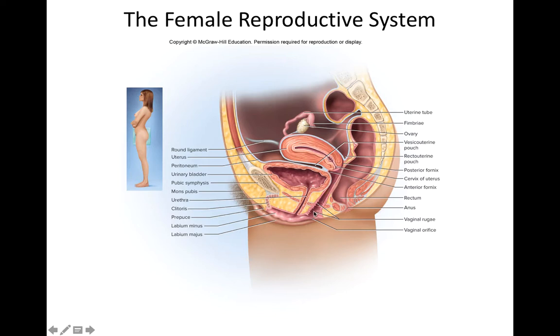That leads into the vagina, which then leads out into the vulva component, which consists of the mons pubis, the labia majora, the labia minora, the clitoris, and a couple gland structures that we will be looking at a little bit later. So definitely more going on internally here.